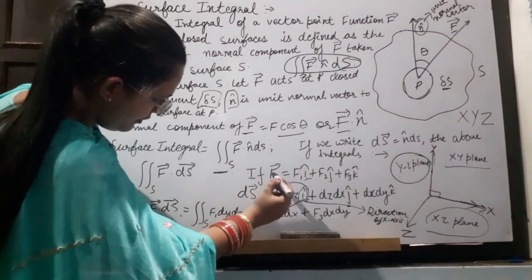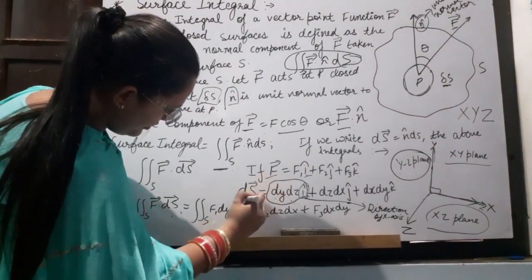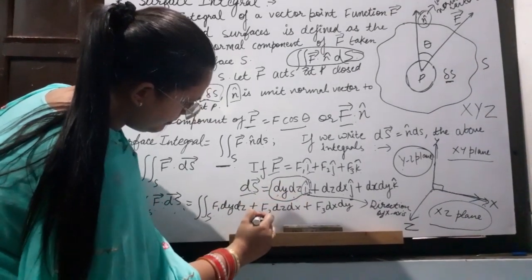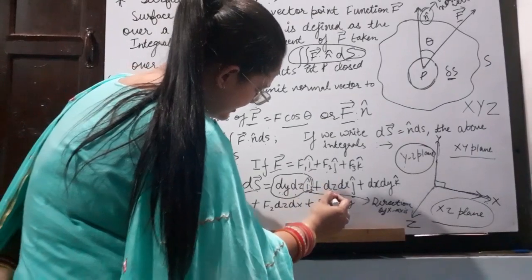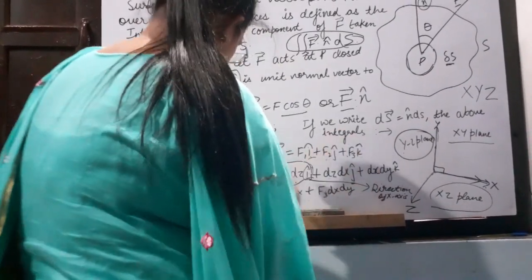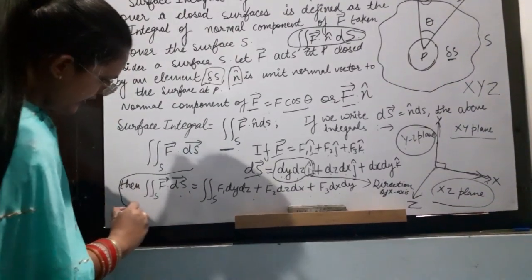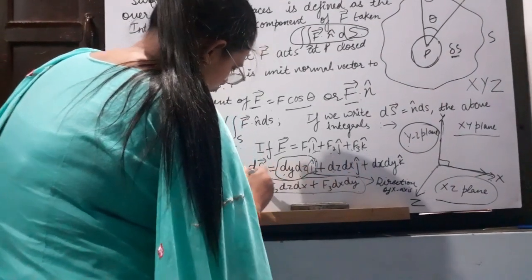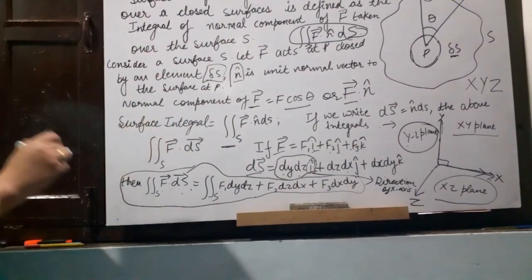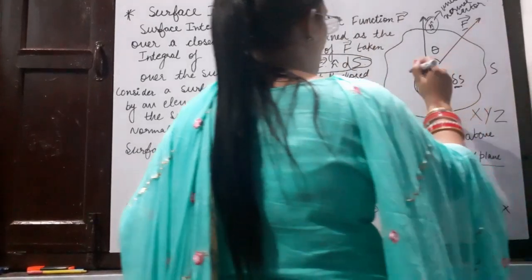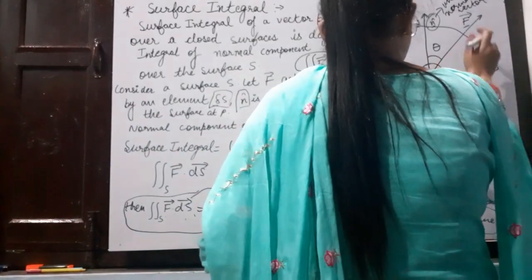So the dot product of f vector with ds gives f1 dy dz plus f2 dz dx plus f3 dx dy. In this way, we find the surface integral over the surface S when vector point function f acts upon surface S at point P.